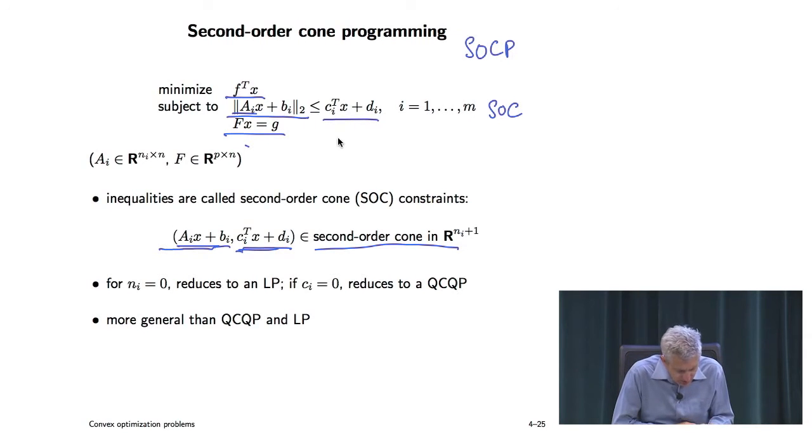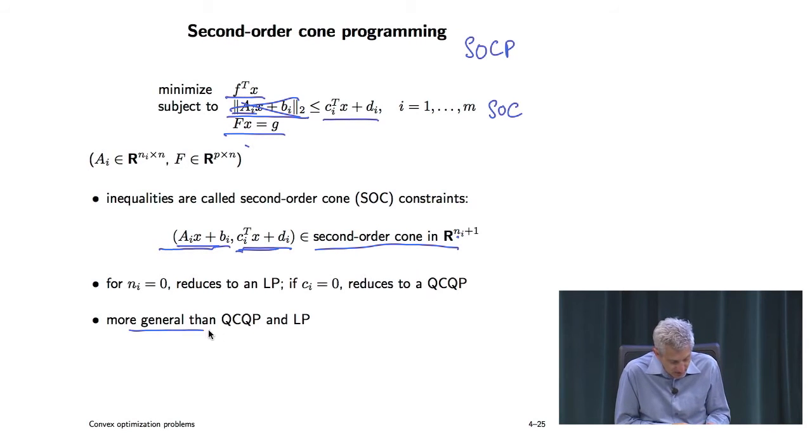Now, by the way, notice that if I took, for example, Ai to be 0 or something, this will recover an LP. And in fact, I can express any QCQP this way, and any LP this way, because I just don't need these terms and I have an LP, right? So that's it.